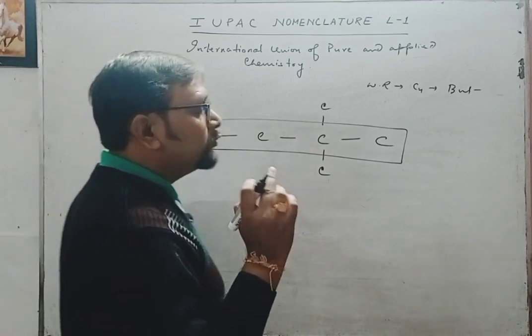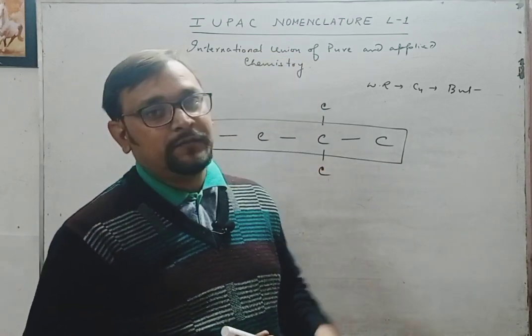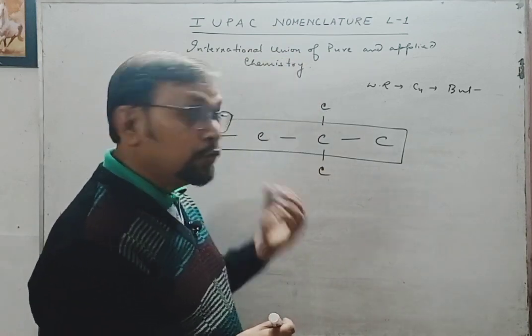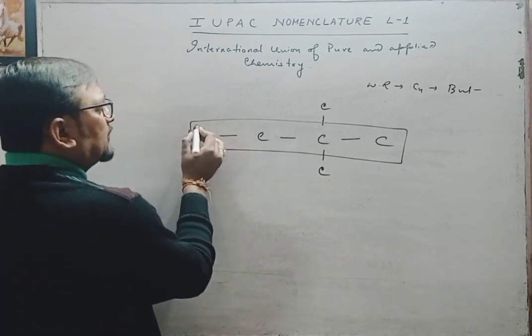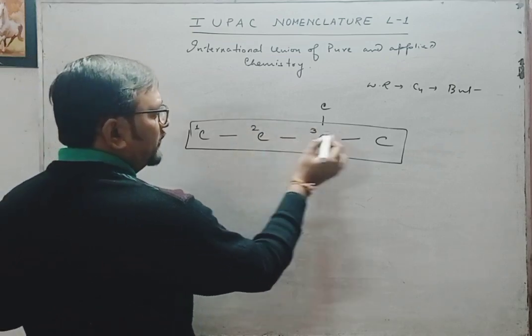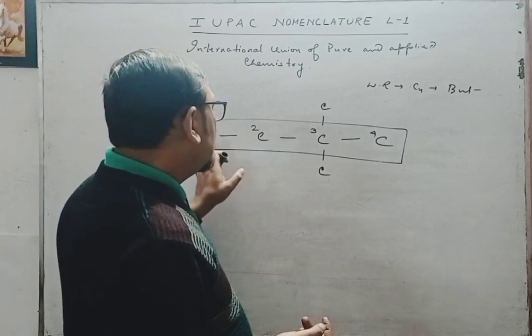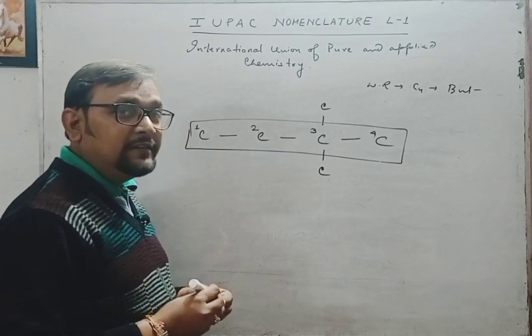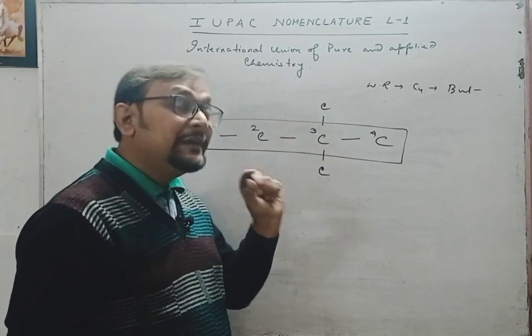Okay, so how to start with the numbering? Here we have a very important rule, you can say. Suppose if I start numbering from this side 1, 2, 3, 4, then let's see what happens. Students, as a rule, always keep the substituent locant minimum.